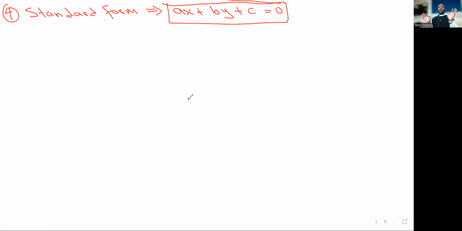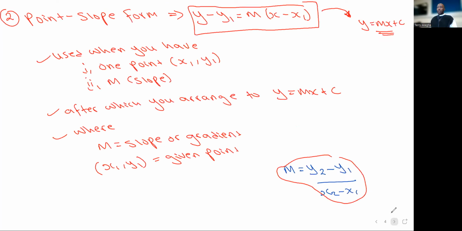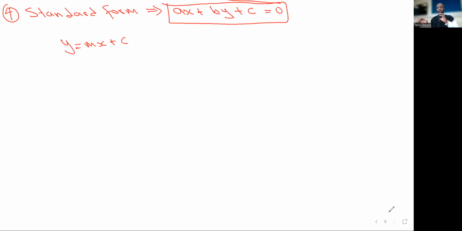It's basically similar to what we've talked about, but the only difference is that when we've gotten to y is equal to mx plus c, the slope-intercept form, the first one we talked about, what you do is rearrange the slope-intercept form by taking all the variables to one side.